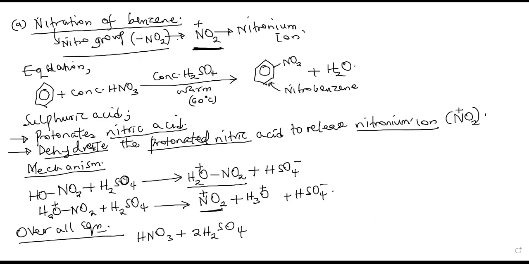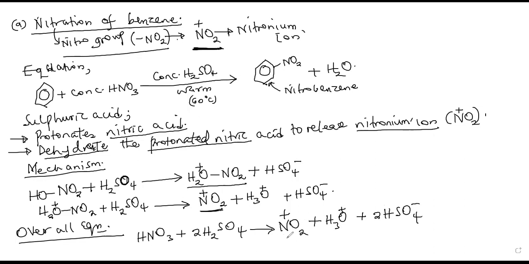In other words, one can look at how it has evolved twice. So in this particular case, we are going to form a nitronium ion, NO2+, plus H3O+, plus 2 hydrogen sulfate ions.